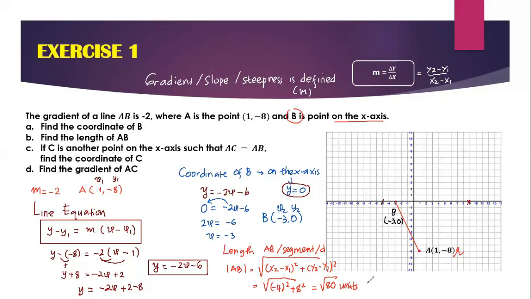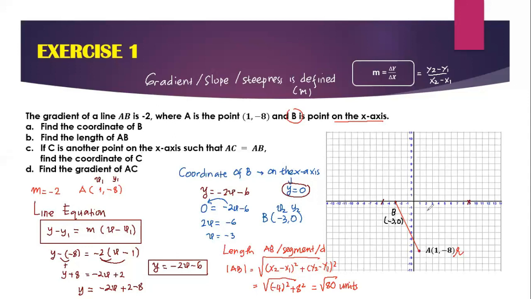Yes, sir. Next. Okay, question C. If C is another point on the x-axis such that AC equals AB, find the coordinate of C. Okay, I think this is very easy.